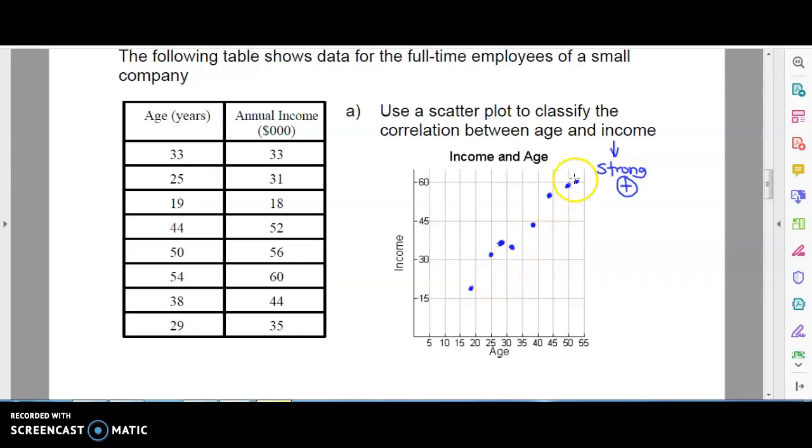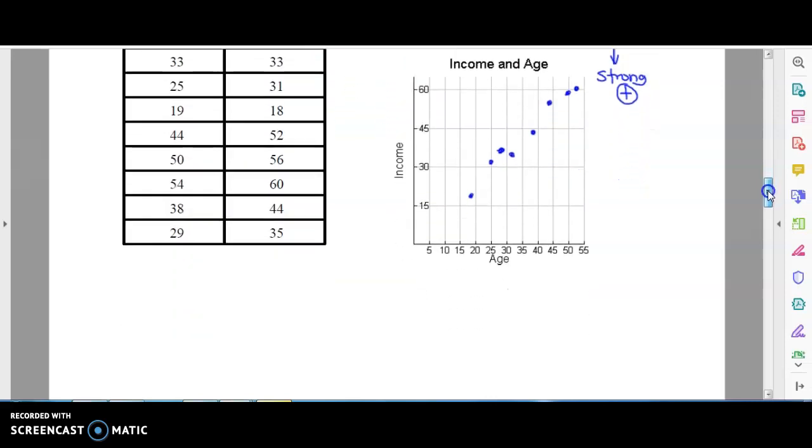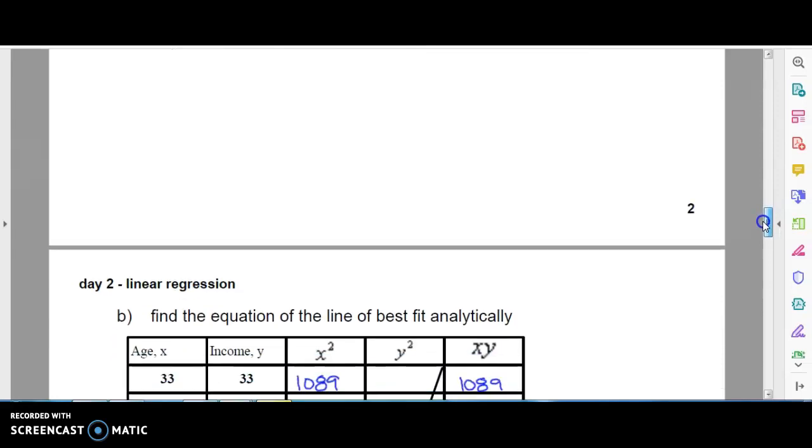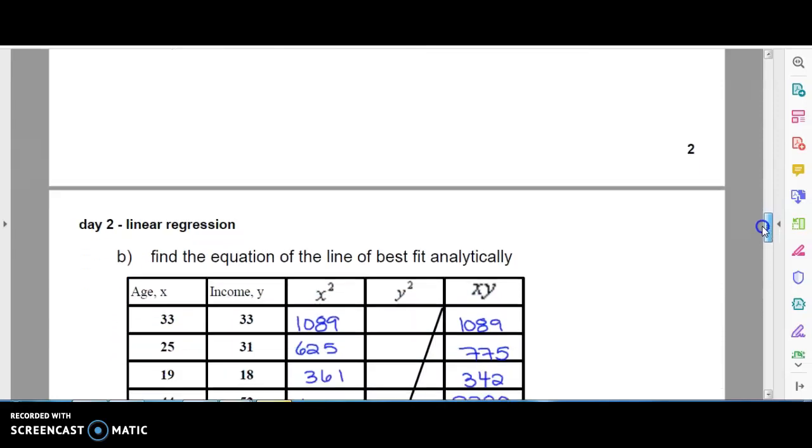You can see just by looking at this, our points are going up and to the right, and they're clustered close together. So we can say because they're going up and to the right, we have a positive relationship, and because they're clustered pretty close together like that, we can say it's a strong relationship. Okay, so graphically we're just eyeballing it and saying we have a strong positive relationship. How else could we define the relationship and prove that it's actually a strong positive?